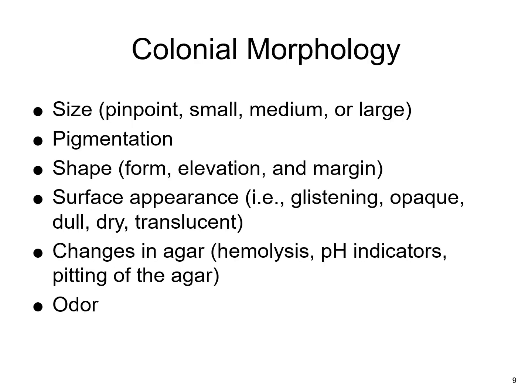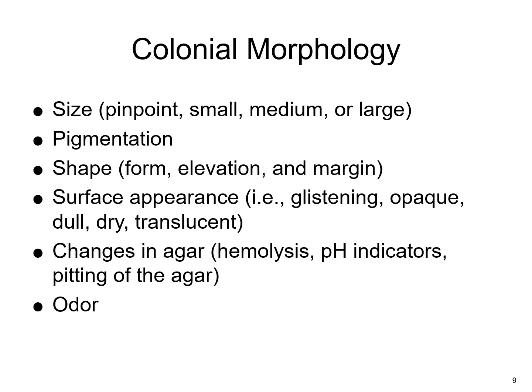So one of the main things that we look at when we're trying to determine what an organism is is the colony morphology on the agar plate. With this, you're looking at things like size, the color or the pigment of it, the shape of it. Is it elevated and raised? Does it have irregular borders?